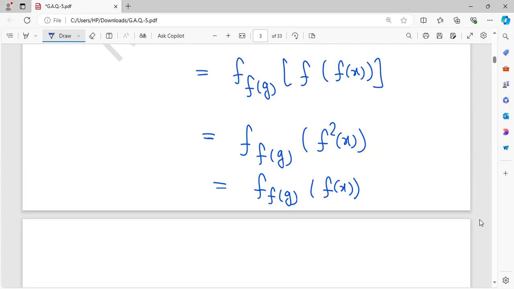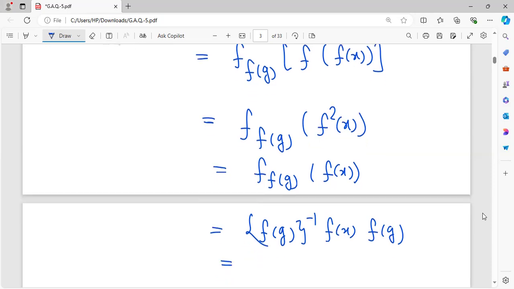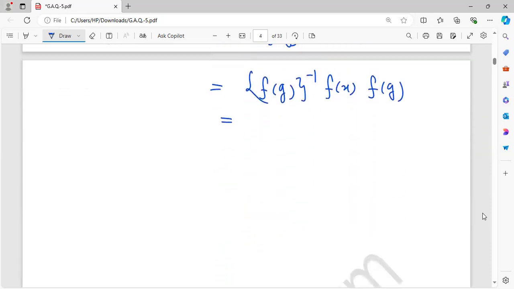Again, by definition of inner automorphism, we have f(g)⁻¹ f(x) f(g). Now what is this? This is nothing but f(g)⁻¹f(x)f(g).